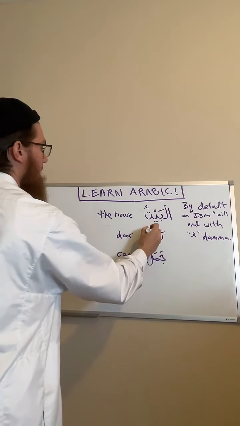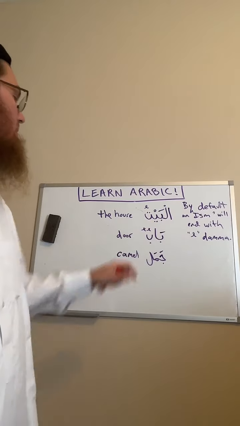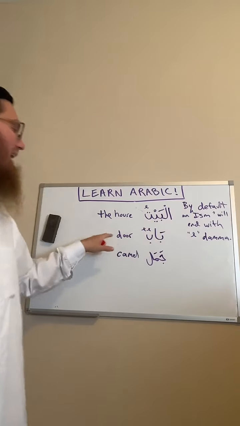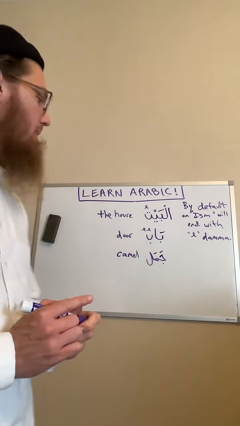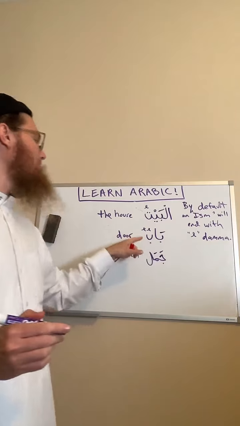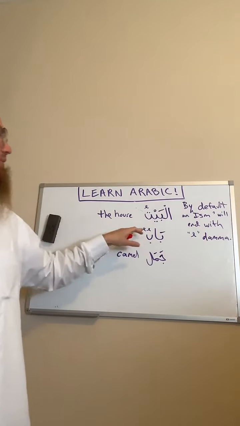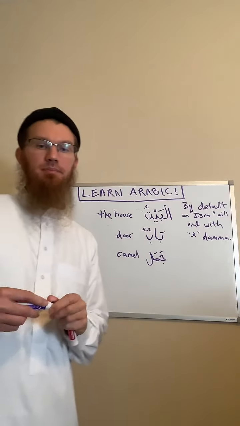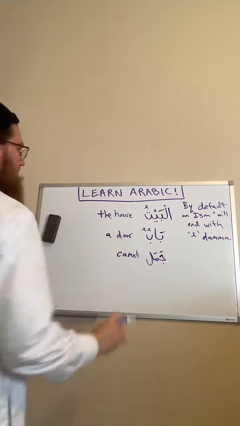If I say babun, does this mean a door or does it mean the door? If I say babun, does this mean a door or the door with the 2 dhammas at the end? This means a door.